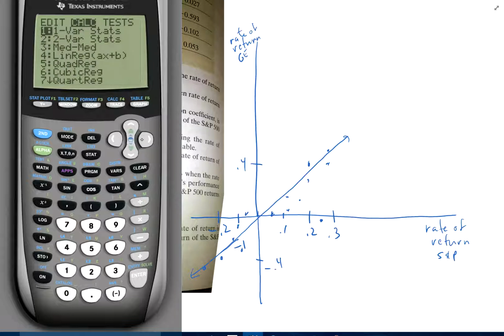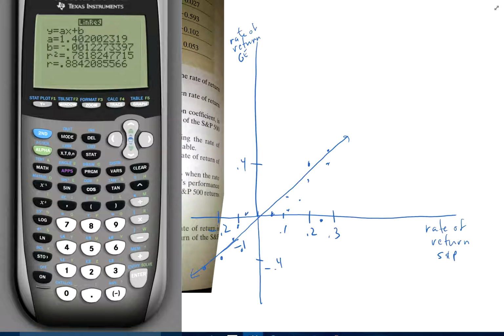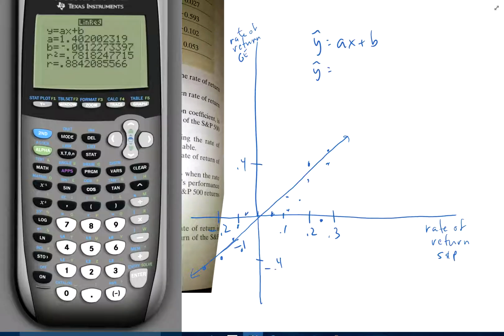Stat, calc, linear regression, L1 and L2, down to calculate. And so there's my regression line. It's going to be y hat equals ax plus b. So here it's going to be 1.40x minus 0.001.